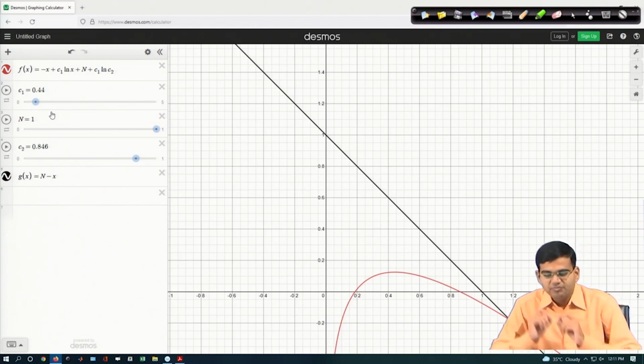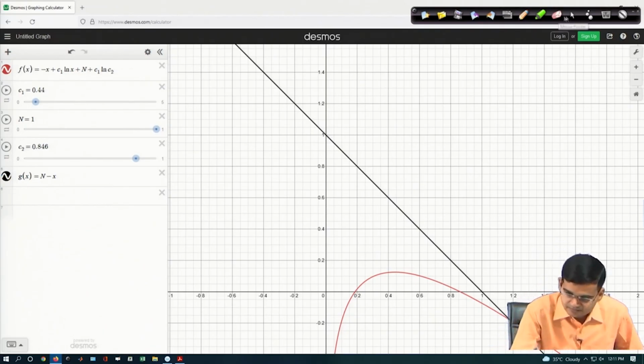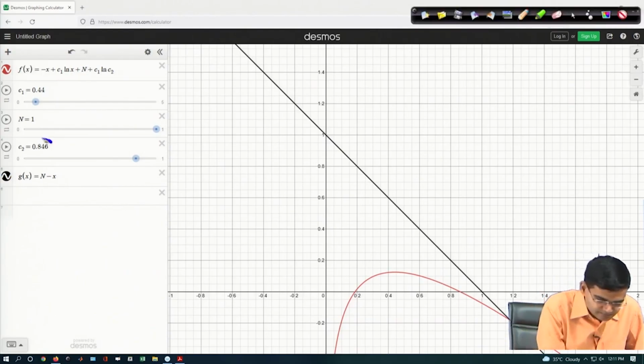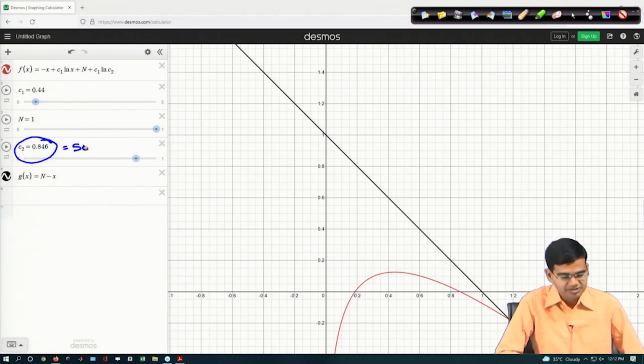What is the importance of several points here? C2, which you can see here, C2 is equal to S0, the initial number of susceptible population. Okay.